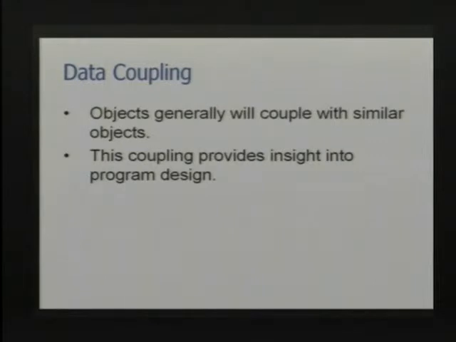And data coupling is interesting too. Let's say you have different objects. Generally, based on the design of the program, you're going to have some objects that work with certain objects and not with other ones. Let's say there are some objects that look at network traffic. So there's probably a network stream object, and maybe a parser object is going to work closely with it.